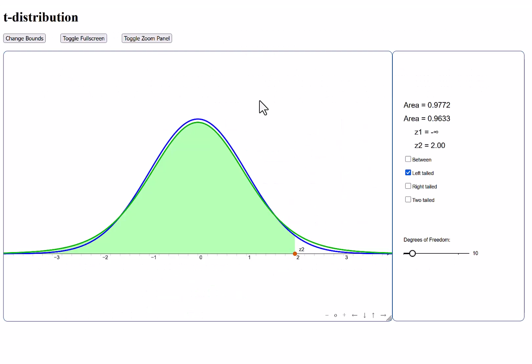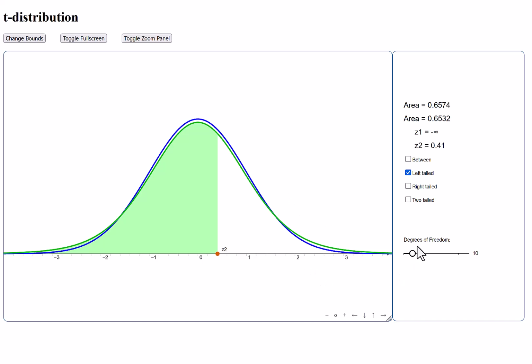Here's an app that demonstrates the t-distribution and actually can calculate some probabilities based off the t-distribution. The t-distribution curve here is in green, and the normal distribution curve is in blue, just so you can see a comparison as to how close these things really are.